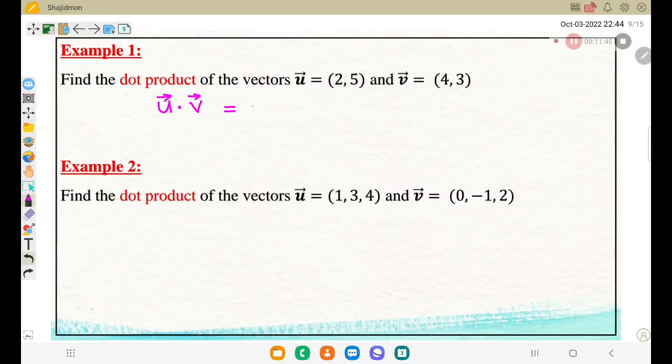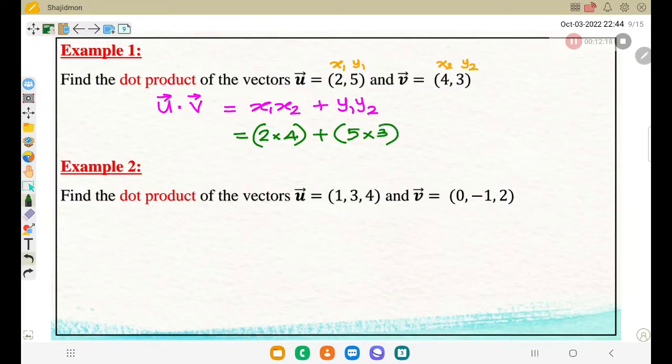What is the rule actually? u dot v, I told you, x1 multiply x2 plus y1 multiply y2. Correct? Now x1 y1 is the first vector, and the second vector is x2 y2. So just apply here: x1 multiply x2, what is x1? 2 multiply x2 4, plus y1 multiply y2, 5 multiply 3.